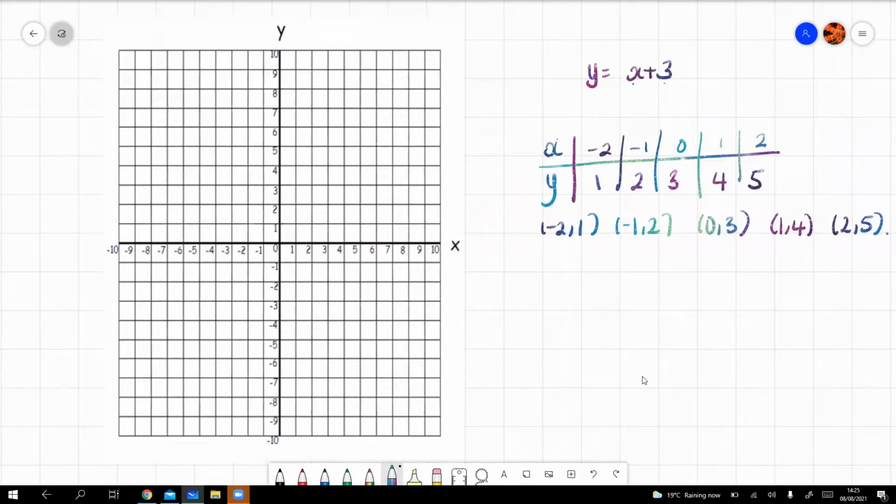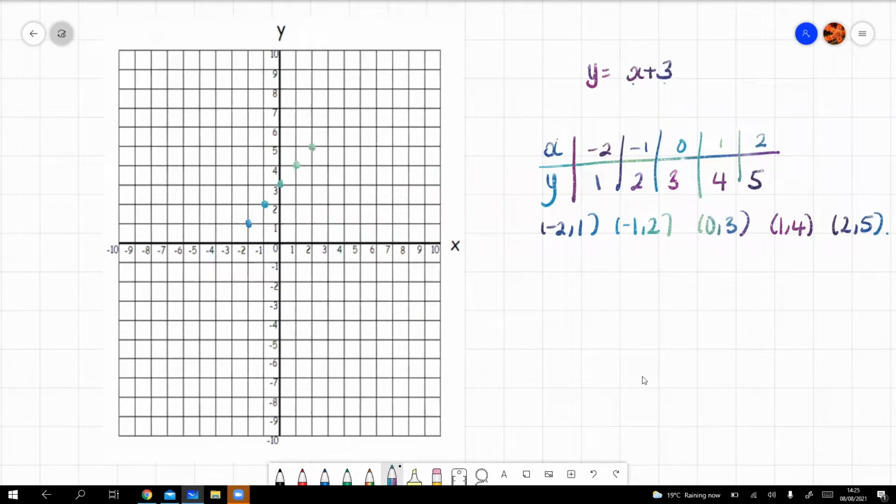I've got minus 2, 1. That's the x number, that's the y number. So x first. Then minus 1, 2, 0, 3, 1, 4, and 2, 5.